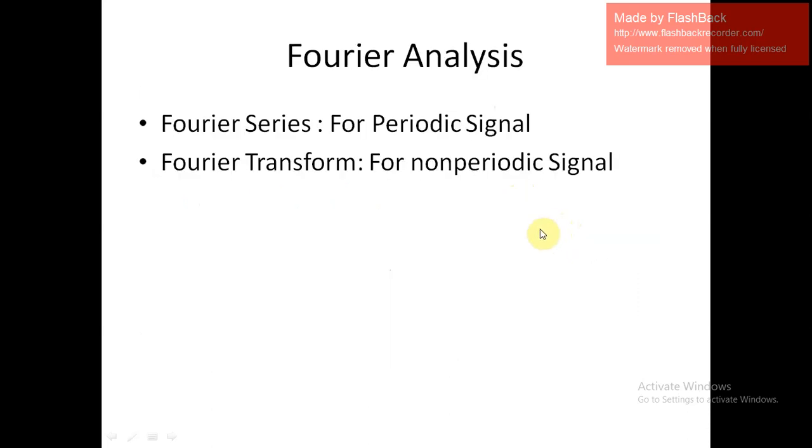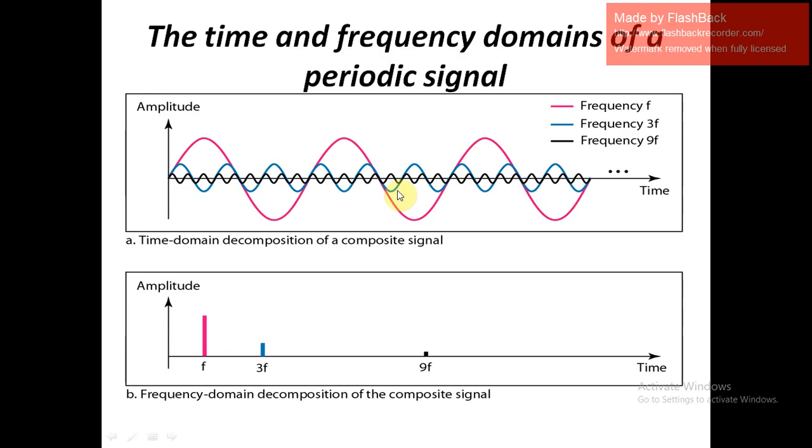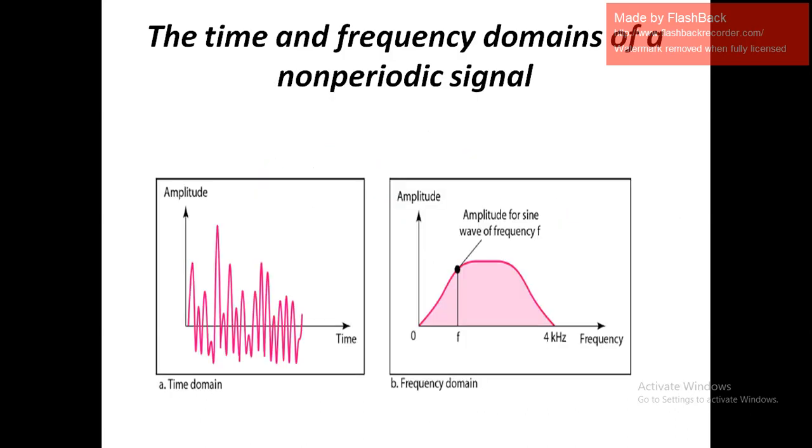So why I have told earlier that if it's a periodic signal, we use the Fourier series transformation, or if it's an aperiodic signal, we do the Fourier transform to calculate the frequency domain representation. Now, I just emphasize on this.